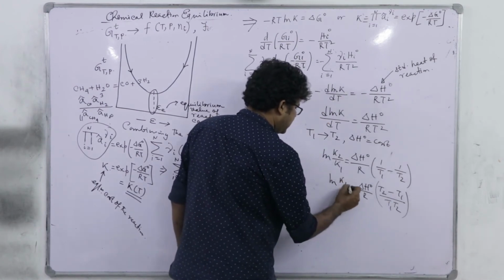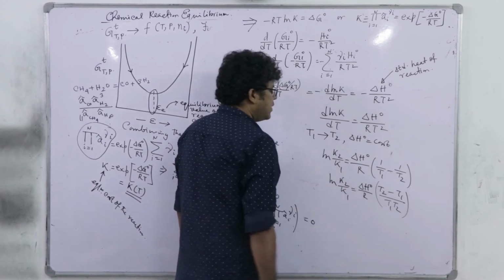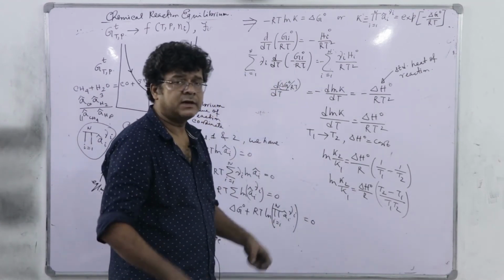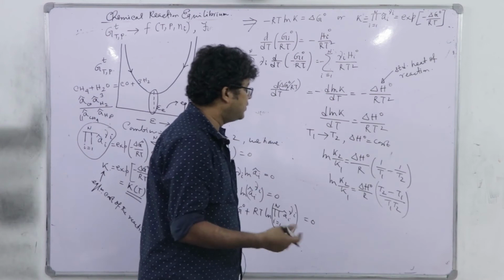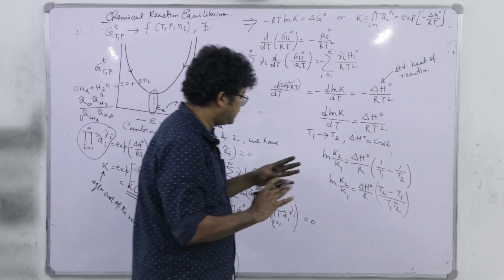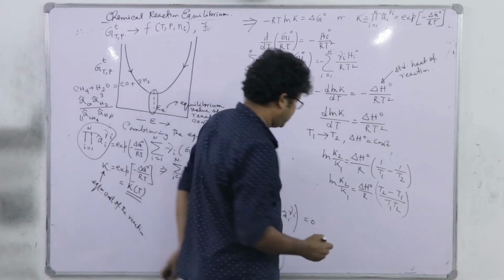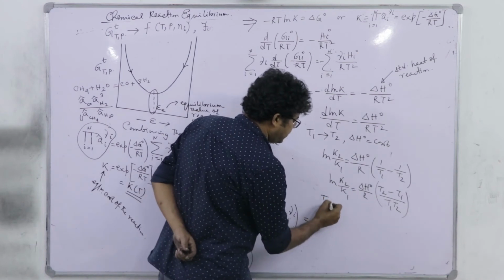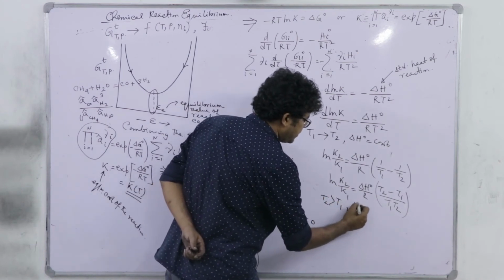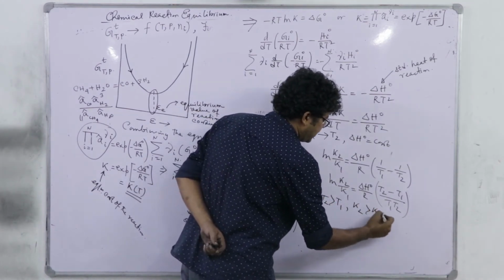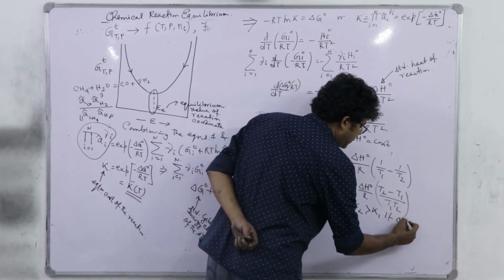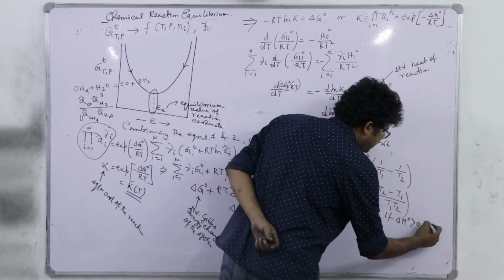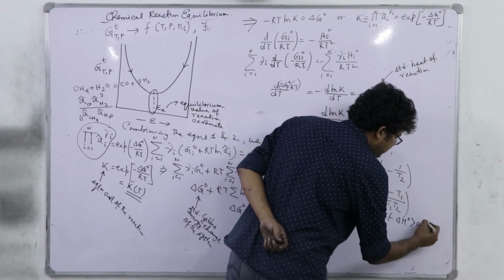Now, you see we have increased the temperature and we will see how this equilibrium constant changes. If T2 is greater than T1, K2 will be greater than K1 if delta H naught is positive, that is, an endothermic reaction.